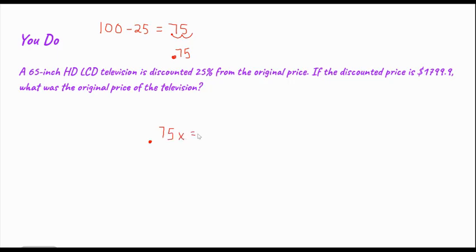So 0.75x equals 1799.9 divided by 0.75. Divide by 0.75. $1,799.90 divided by 0.75.